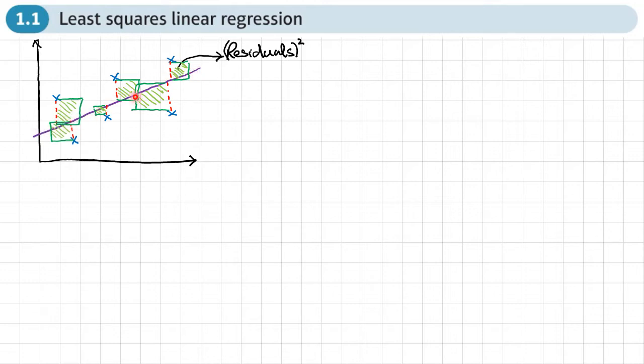Remember, at GCSE you were told when you draw a line of best fit, you want it as close to each of these points as possible. This is a mathematical way of doing it. How can I minimize, or make the sum of these squares as small as possible? Well, when we do that, the line that we get is called the least squares regression line.